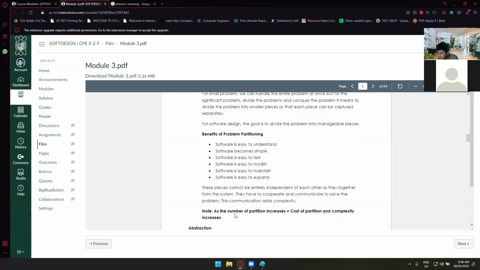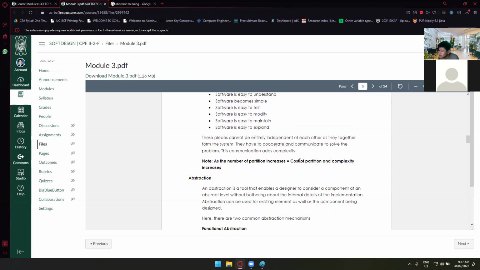So we have a note here: as the number of partitions increases, the cost of partition and complexity increase. That is because you need to spend more time compiling that as one project. For example, you were able to create 5 modules, and combining those 5 is equal to this one project.